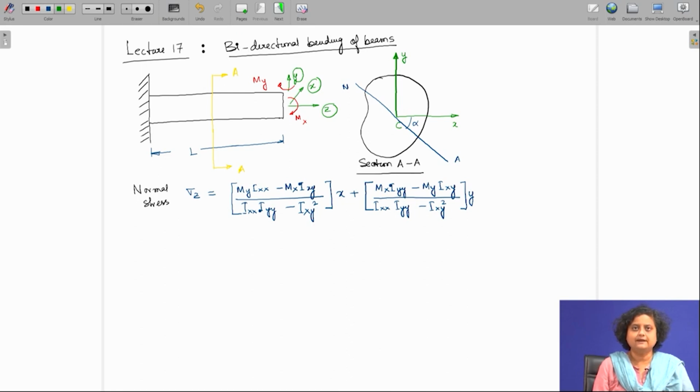So, we have taken an arbitrary section AA of the beam and on the right hand side we have drawn the section AA.